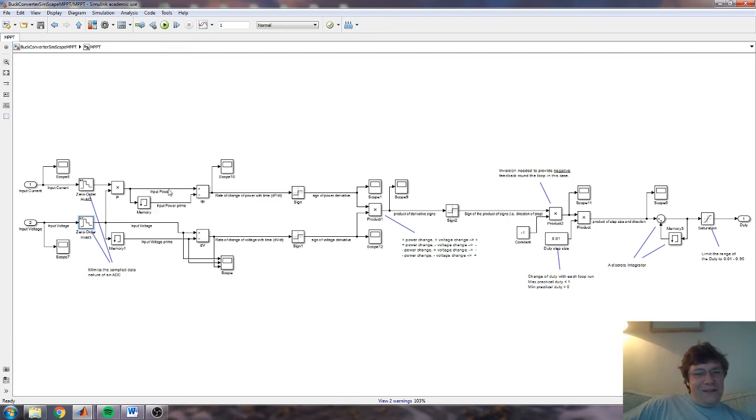So we have the power in the current step and the power in the last step, and we subtract them. So we get the change in power as a function of time, and then we look at the sign of that to know which way it's heading. And we do the same for the voltage.